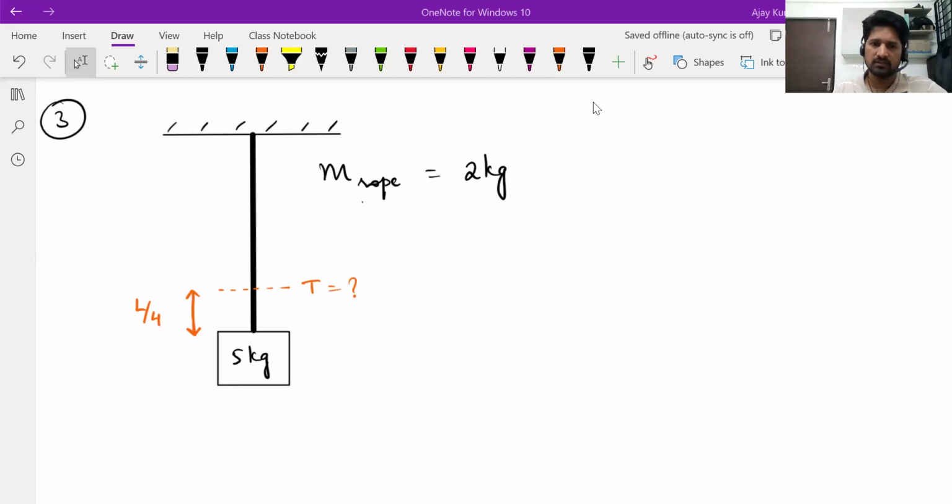I got one answer as 70. 70 is not correct. Try.